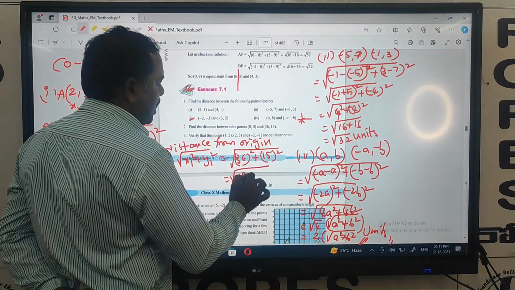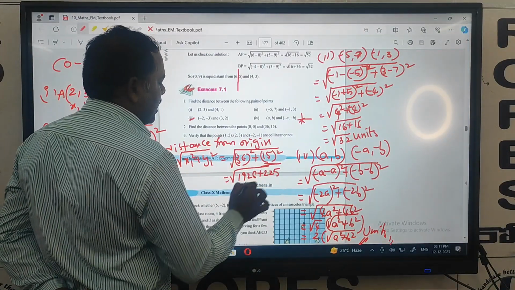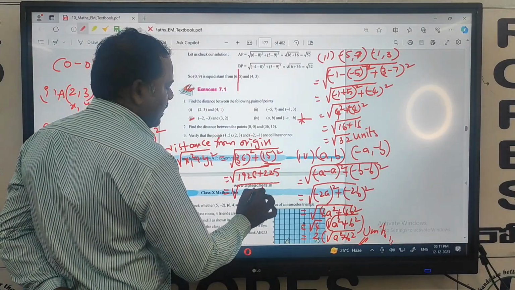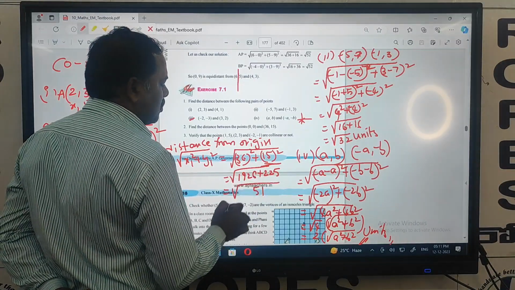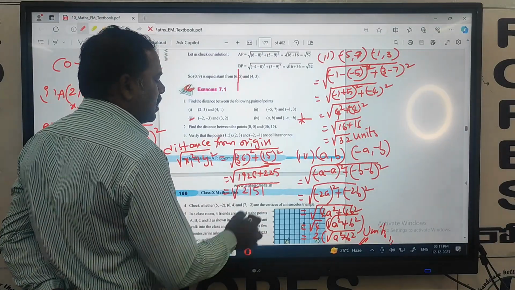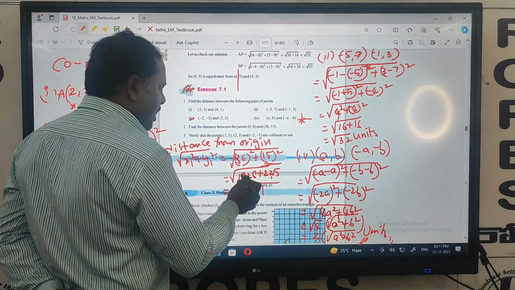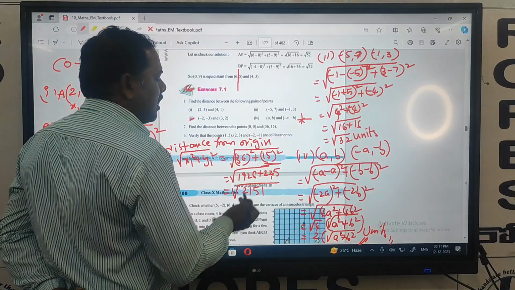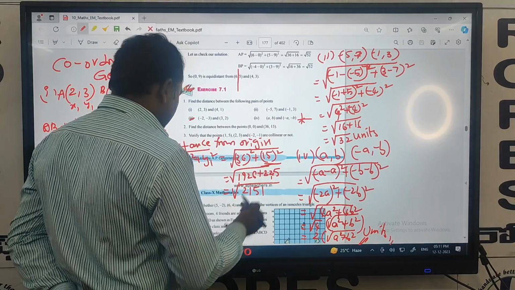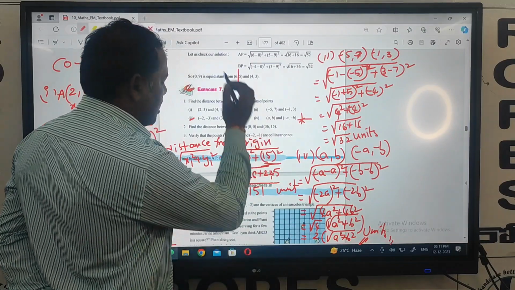Square root of 1296 plus 15 square, 225. That gives 1521. This is the distance between the two points from the origin.